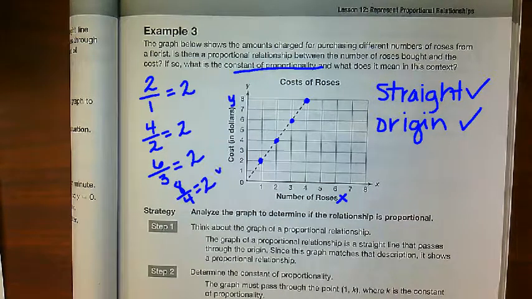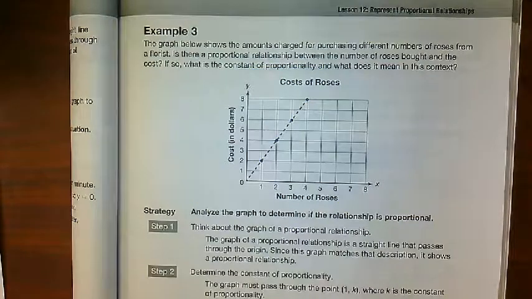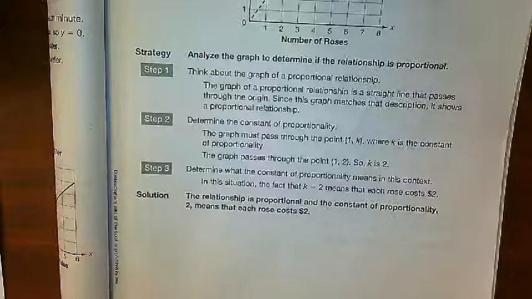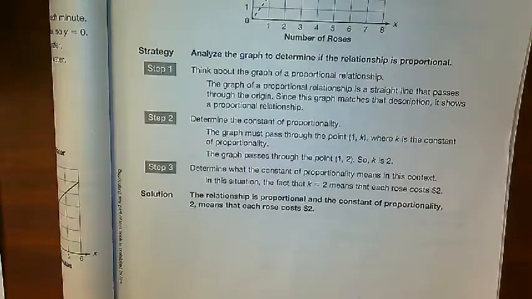Okay, so these are all the same. Check, check, check. Since those are all the same, this is definitely a proportional relationship, and the constant of proportionality is 2. So that means that each rose costs $2. I don't know if that's expensive for a rose. It's kind of expensive. Probably cheap though, who knows.